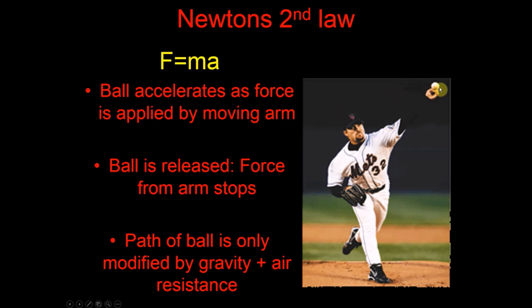When he lets go of this ball, he is no longer applying a force. So the force from his arm stops, and once he lets go of the ball, the only thing that's modifying the path of that ball is gravity pulling it down, and air resistance, which is acting against it, which we'll come to later. For all the examples I'm going to show here, let's not worry about air resistance right now.